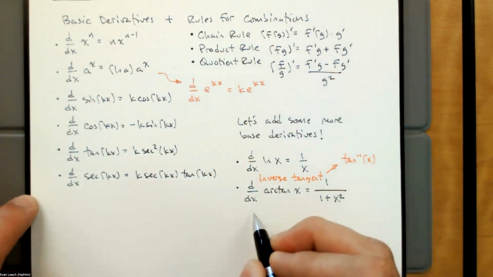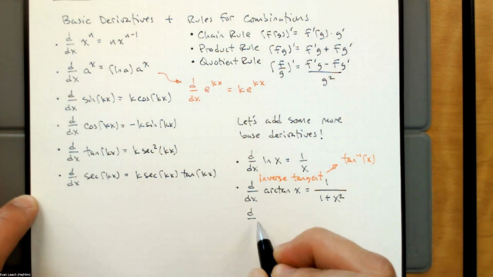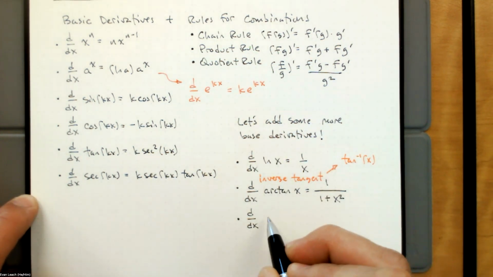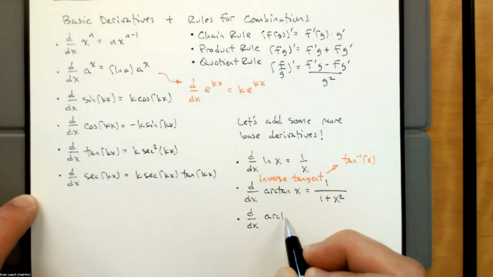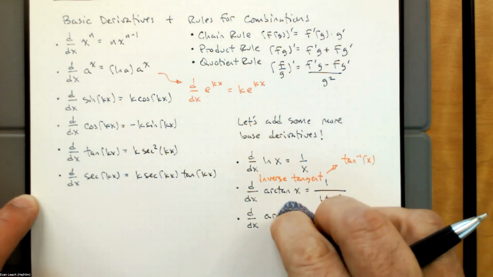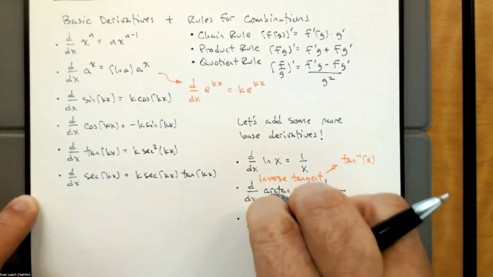So another inverse function that we should be familiar with, that's the theme for today, by the way: derivatives of some of these inverses. Arctangent is so good, I wanted to do it twice, but let's do the other one.